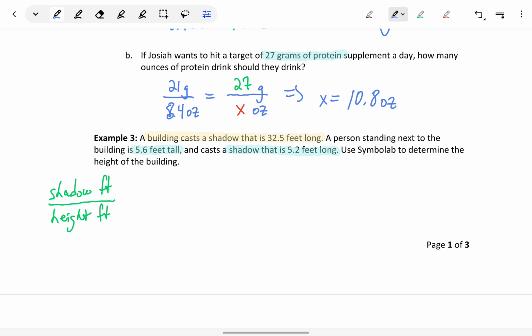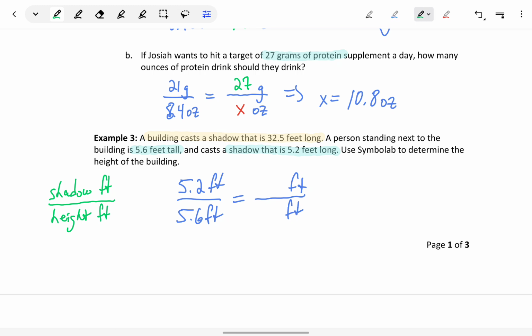So we can use the height of our person and the length of their shadow to set up our first proportion. And we'll set that equal to the length of the shadow of the building divided by the height of the building.